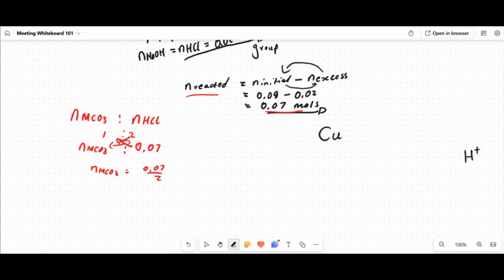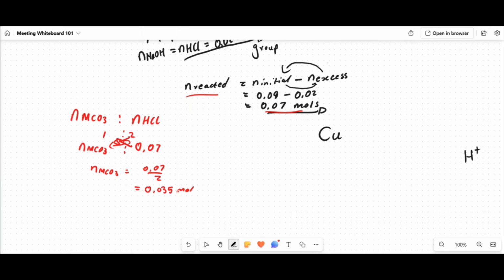Here, the number of moles of metal carbonate is going to be 2 n(MCO3), and then I have to divide both sides by 2. That is why I'm dividing there. Just that I'm not good in maths. What do you get here? 0.035 moles. Okay.